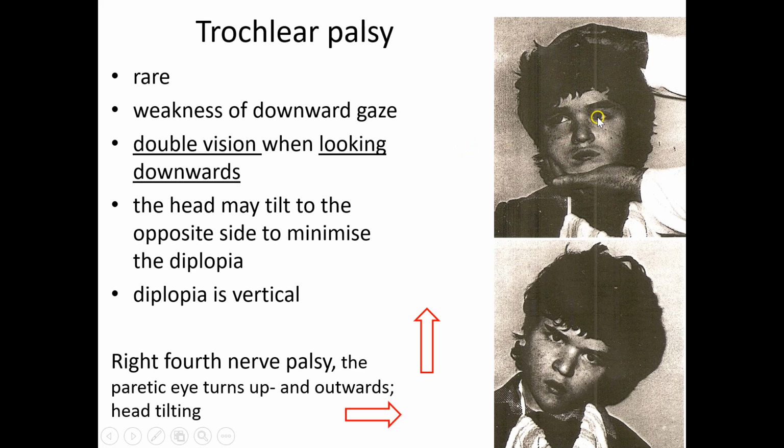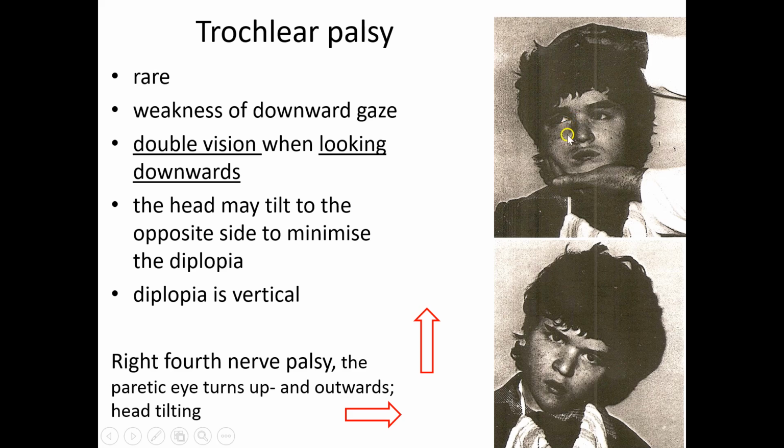You can see the patient can look from this side, left side, downwards and inwards. But this eye you can see drifting upwards when the patient tries to look downwards. So this is the affected eye on the right side. It is slightly drifted upward compared to the normal left side.